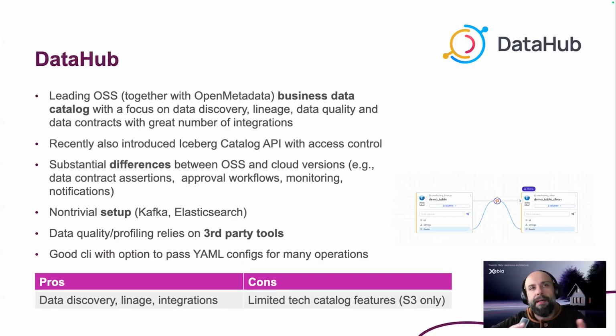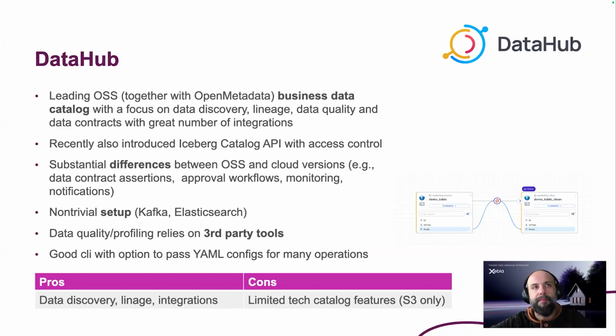In our assessment, it's still not fully functional, because, for example, it's only limited to AWS S3. You cannot use any other storage, including MinIO, for easily integrating with the credential vending mechanism. Also, the setup is not trivial, because it requires both Kafka and Elasticsearch, and you must be aware of the substantial difference between the open source version and the cloud version.